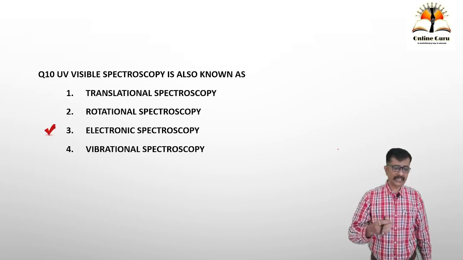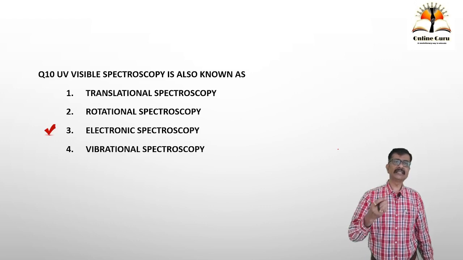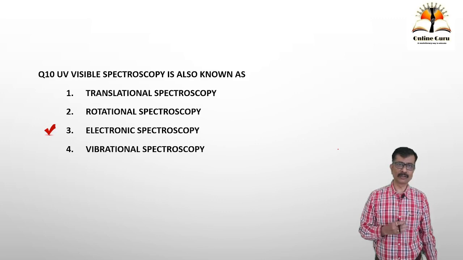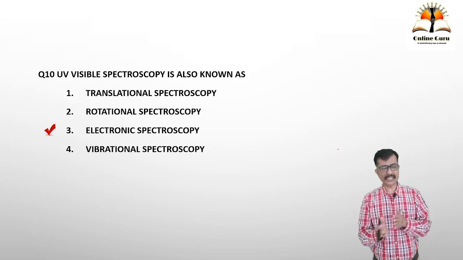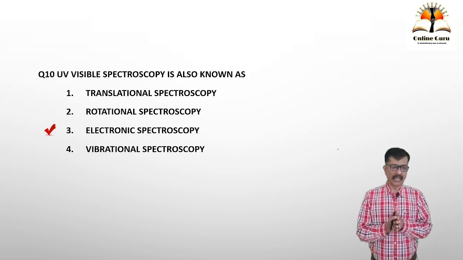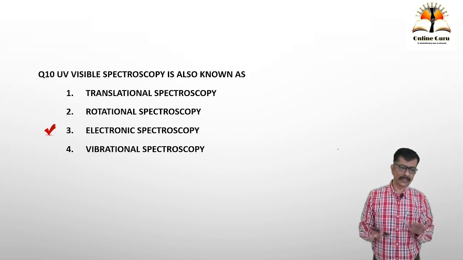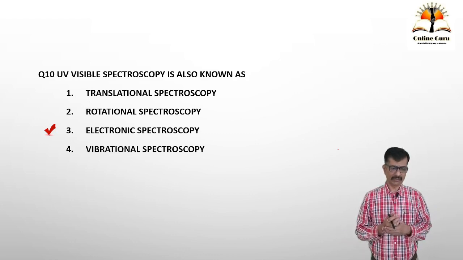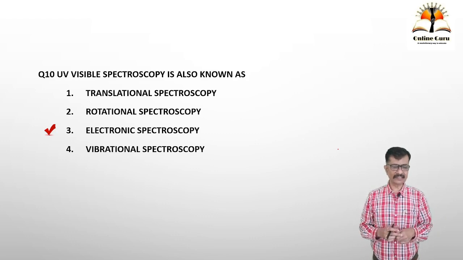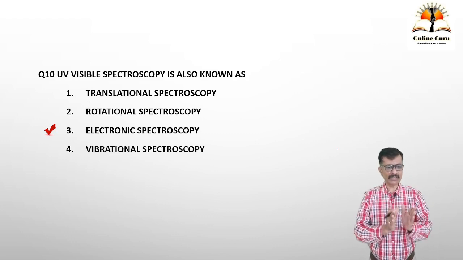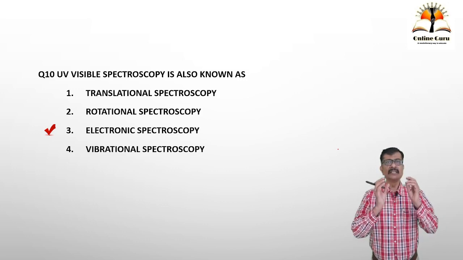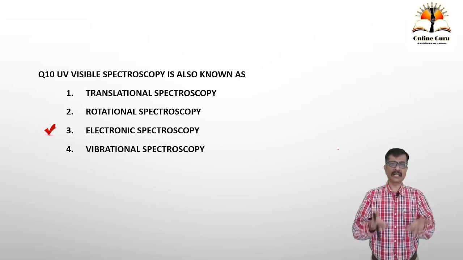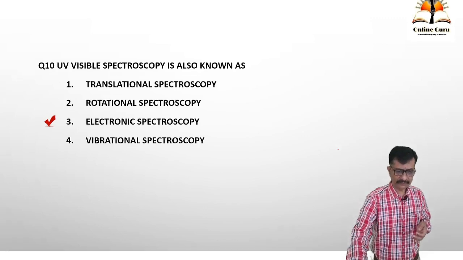All rotations and vibrations are associated with absorption of IR radiation. So IR spectroscopy is called rotational and vibrational spectroscopy, and there is no spectroscopy based upon translational motion in the molecule. So the correct answer is electronic spectroscopy, because UV visible radiation is sufficiently energetic to cause electronic transitions in a molecule.